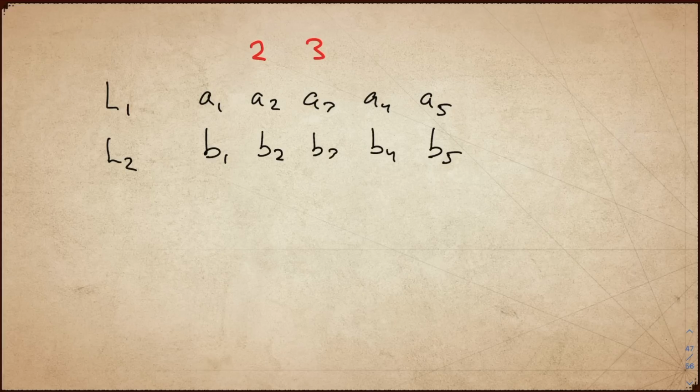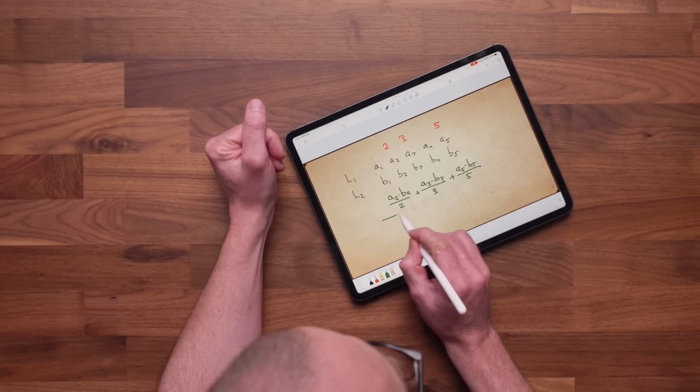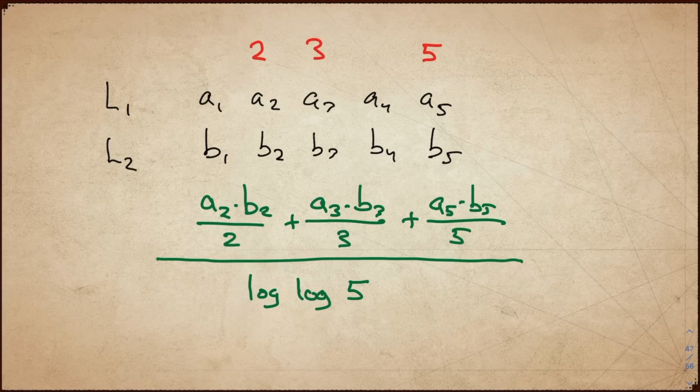Now I use only the primes, and I take A2 times B2 divided by 2, plus A3 times B3 divided by 3, plus A5 times B5 divided by 5. And I do this up to some bound x, say prime numbers up to 5 in this case. I then divide by log of that bound, in this case log of 5. And all of that is just some very concrete number.